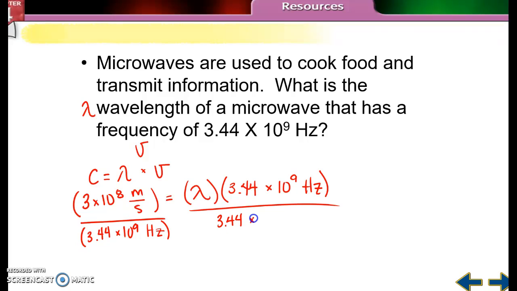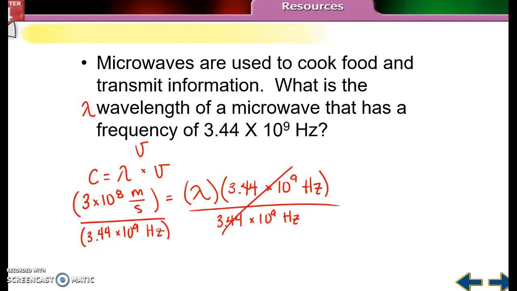So that is going to end up canceling on the right side. And I'm going to plug this into my calculator, and it's really important that you remember to put parentheses. So I'm going to do 3 times 10 to the 8th in parentheses divided by parentheses 3.44 times 10 to the 9th, close parentheses.